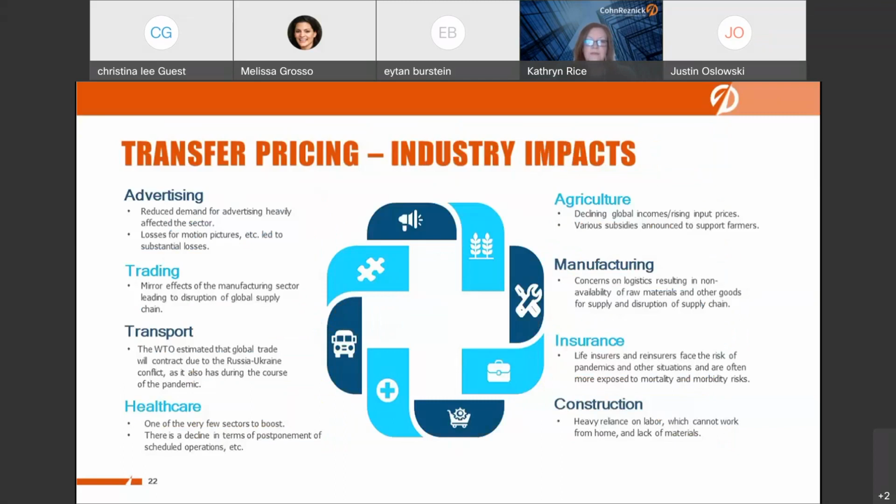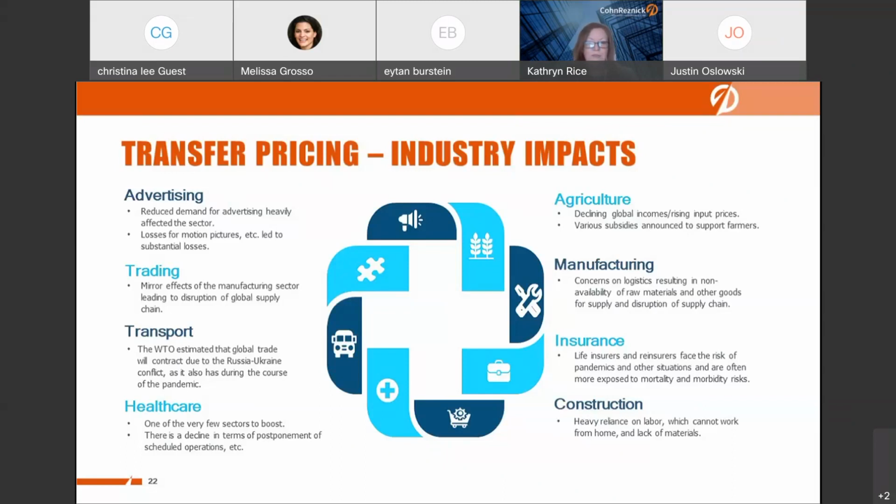Okay, so this is just covering some industry impacts in various industries. Again, I won't go through these one by one, but disruptions have been particularly acute in things like electronics and the auto industries, but have also affected pharmaceuticals, metals, a wide range of consumer and industrial products, including surgical gowns and masks.